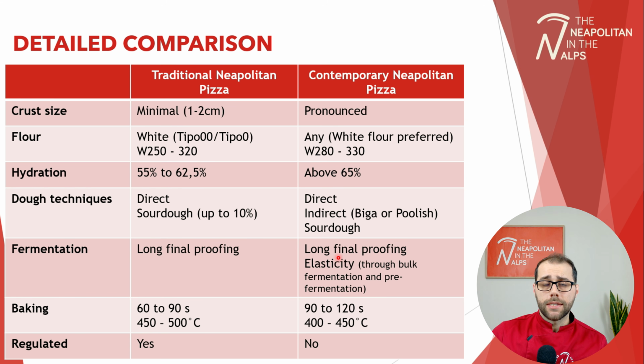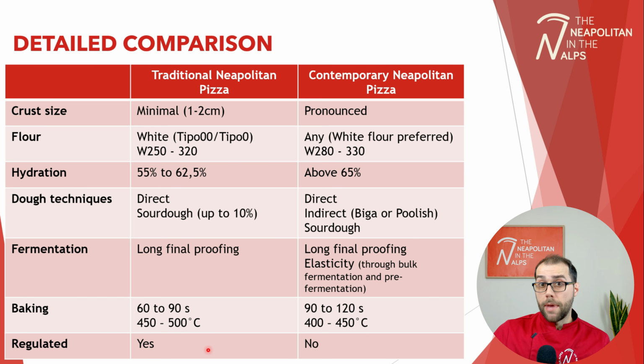Last point, it's related to the regulation existing for the two types of Neapolitan pizza. The traditional Neapolitan pizza is regulated by an official protocol written by the AVPN, Associazione Verace Pizza Napoletana.